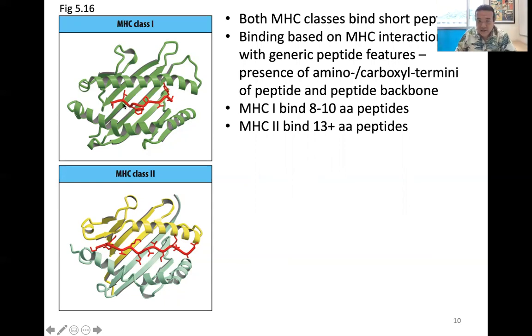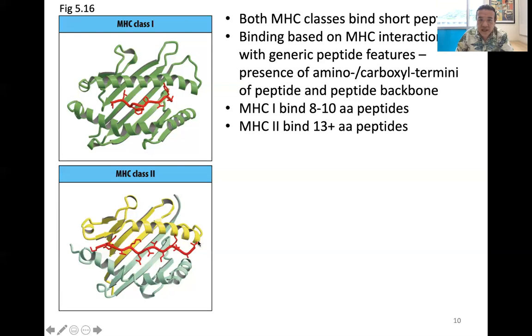It is a short peptide sequence that's being shown off. So here it's a small chain. In MHC class 1, you typically find small peptides of about 8 to 10 amino acids long. So this would be like a 10 amino acid peptide chain. These little things sticking off of it are the R groups of the different amino acids.